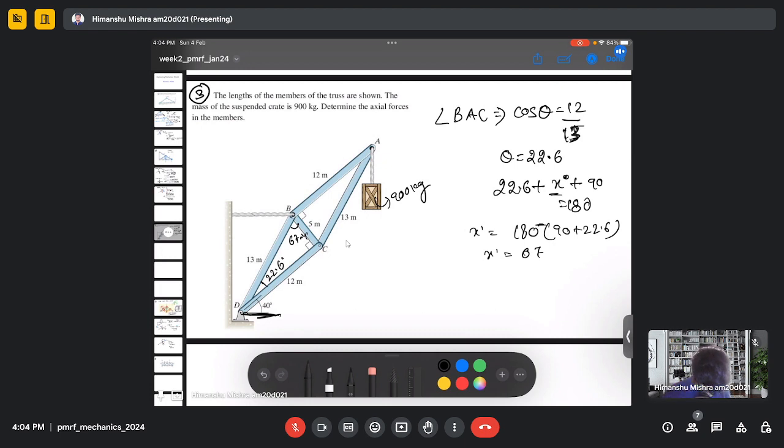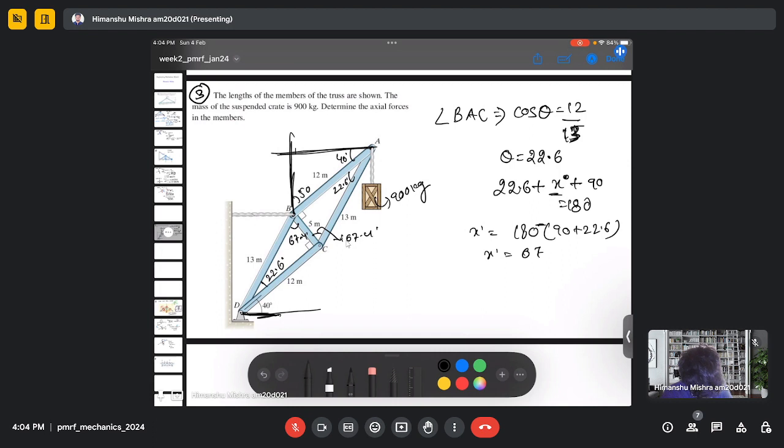Similarly, this also will become 22.6. Since this is 40, this will become 67.4.